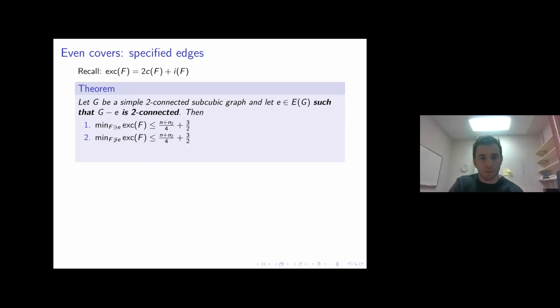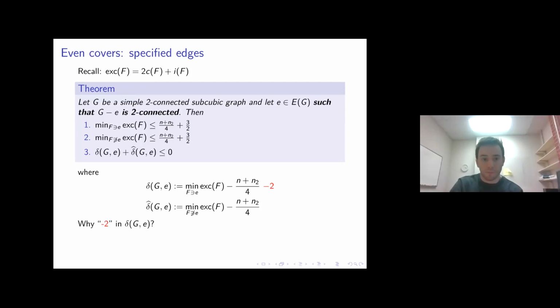Right, so this is closer to what our main theorem says: you find an even cover where the min excess is at most the bound, but we can't say +1, so +3/2 is always true though. And the third statement is about delta hat, which we introduced earlier.